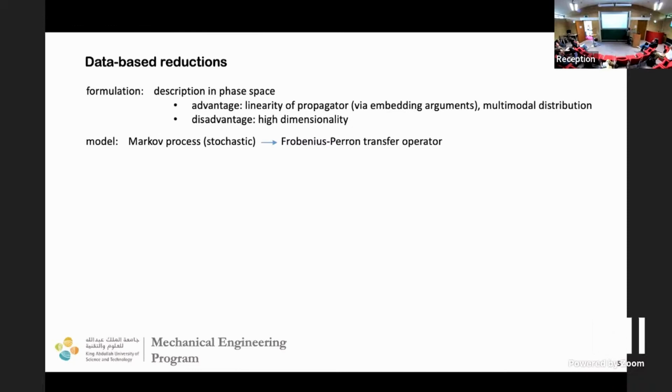The other thing that is good in phase space is we can actually have multimodal distributions. Many times when we do a model reduction, we go through an SVD or a POD, but a POD is basically fitting to our data a hyperellipse where all the major axes are variances in certain directions.